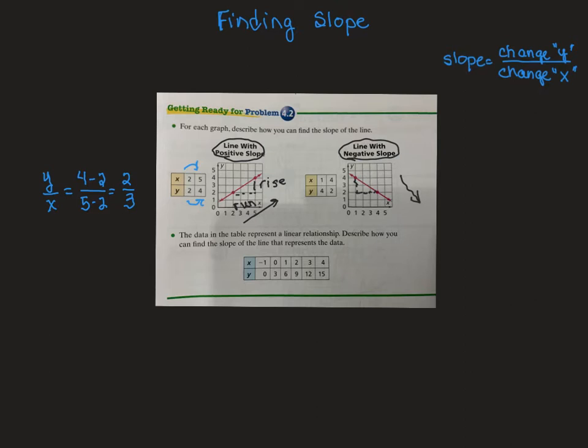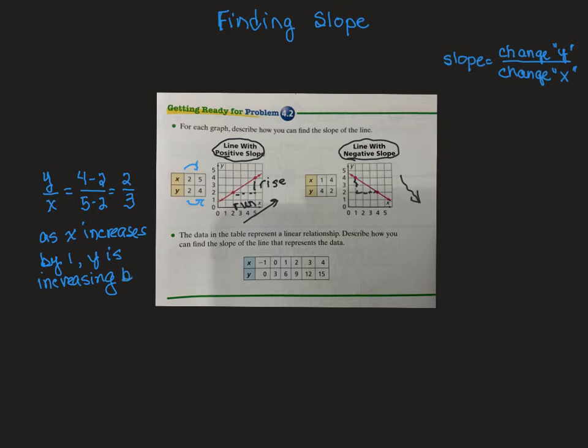It means that as x increases by 1, y is increasing by 2/3. Remember, we said the slope is the coefficient.